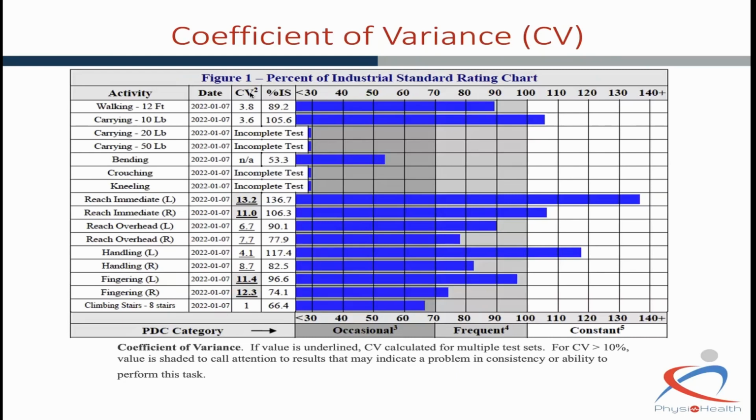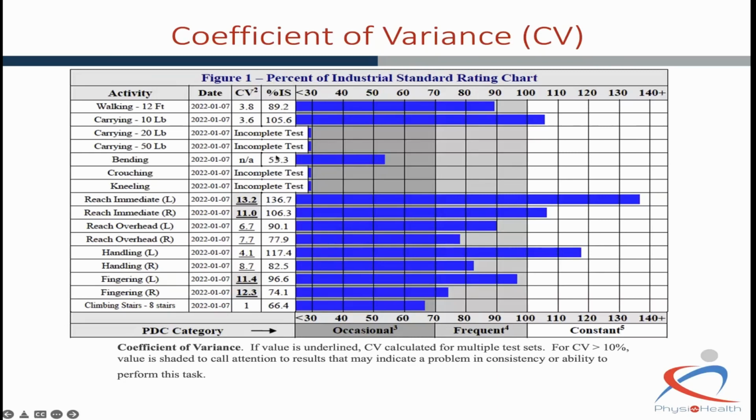Anything over 10% is considered invalid. So you can see here the bolded areas where there was greater than 10% variation. So basically, these performances were considered, I don't want to use the word fail, but it was not a passable performance.